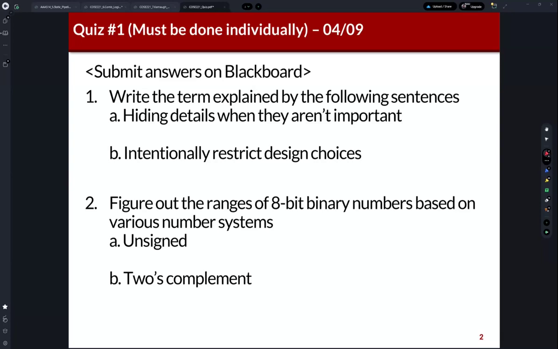So I activated the quiz app here. Can you find the quiz section of the page?